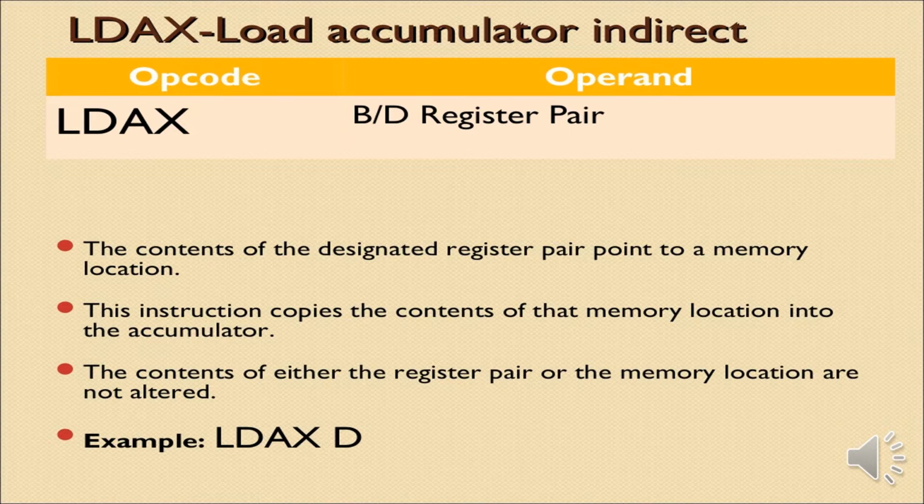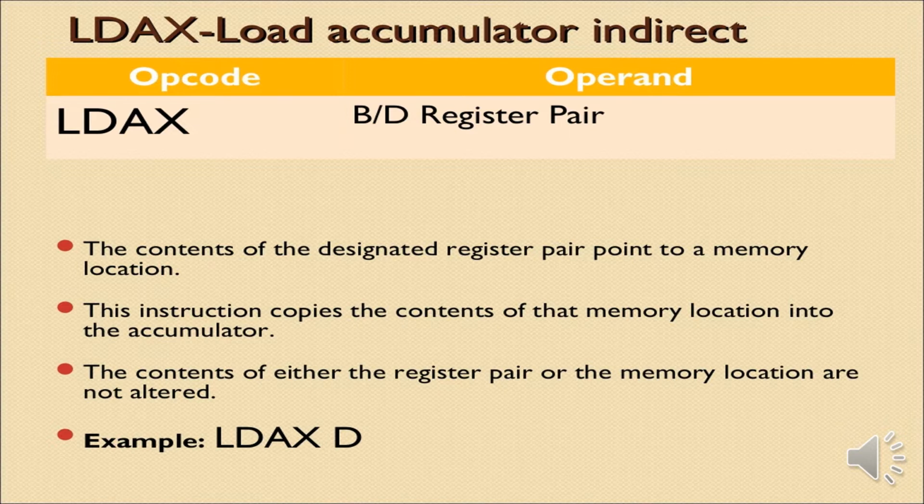The B register pair is nothing but the BC register pair, and the D register pair is nothing but the DE register pair. So LDAX B, otherwise called LDAX BC, or LDAX D, or LDAX DE register pair.